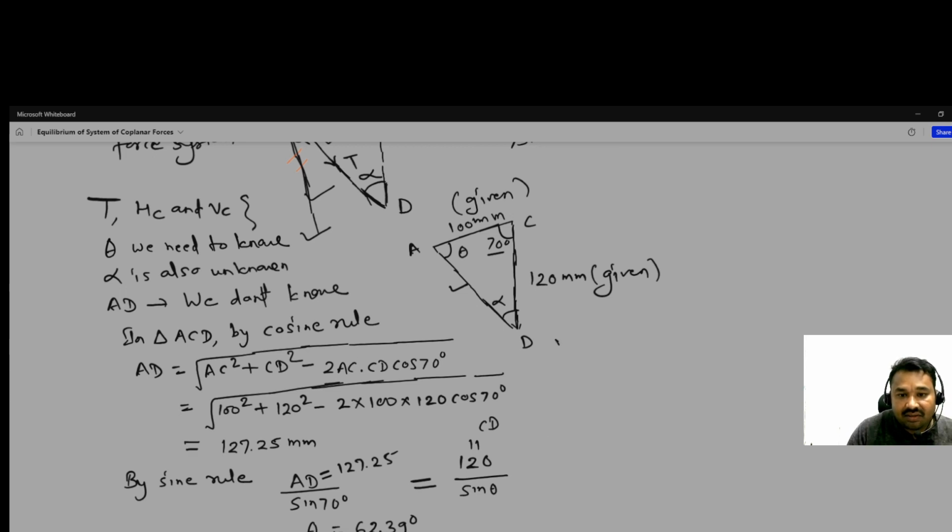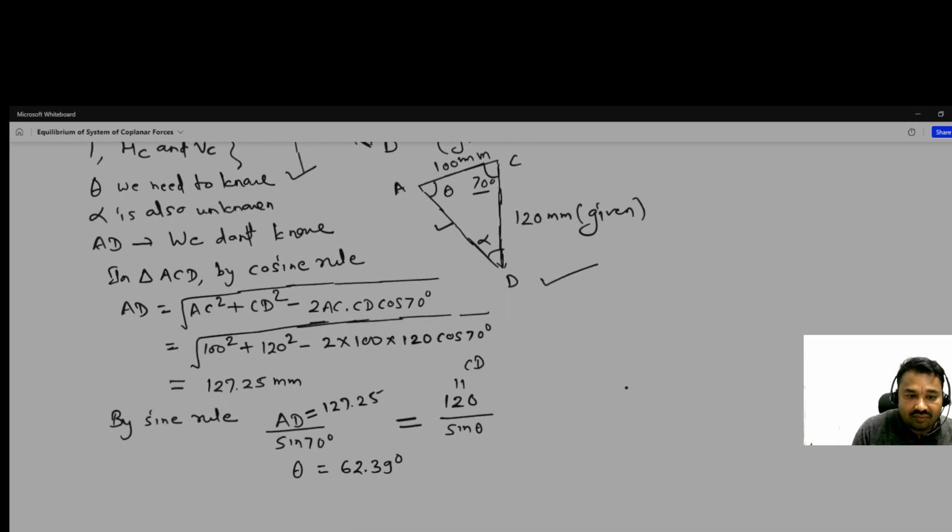Okay, and what about from this figure? Alpha is equal to what? So alpha is equal to 180 minus this 70 degree minus this theta 62.39 degree.